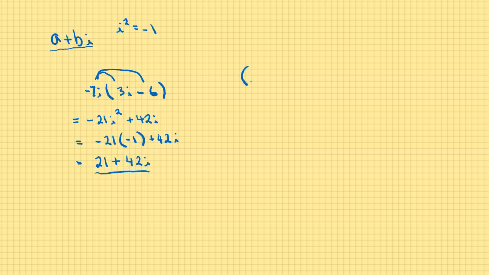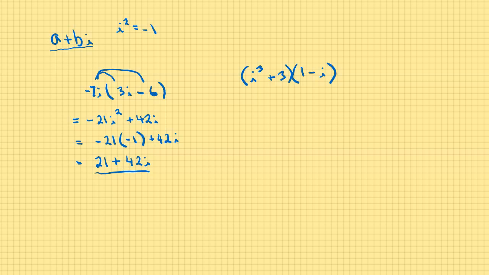Let's look at another example. How about this? (i to the third plus 3) times (1 minus i). Well, here we can use FOIL. So we're going to multiply the first terms of each number.